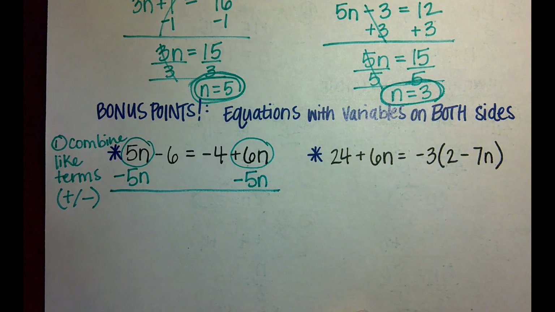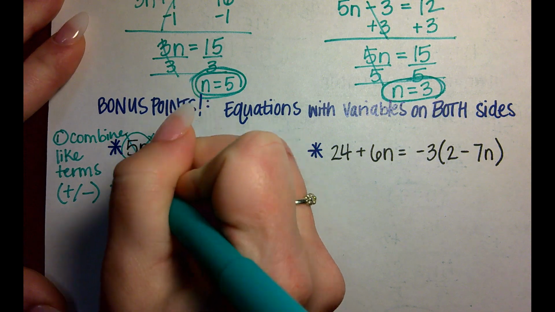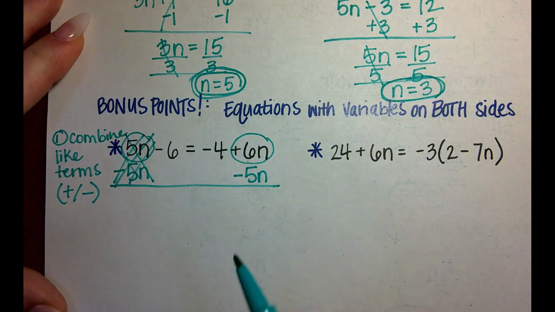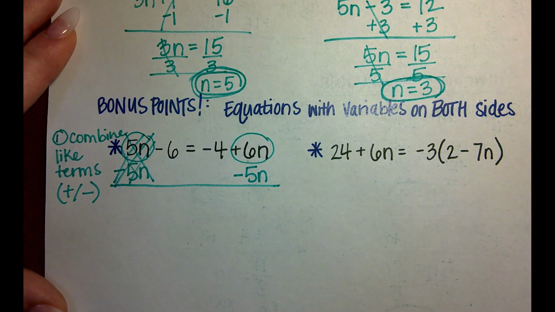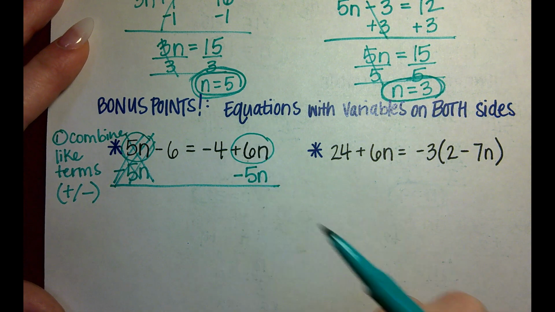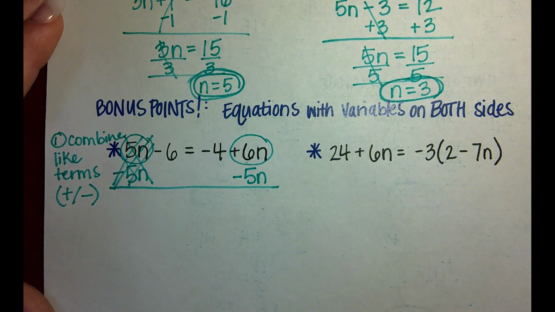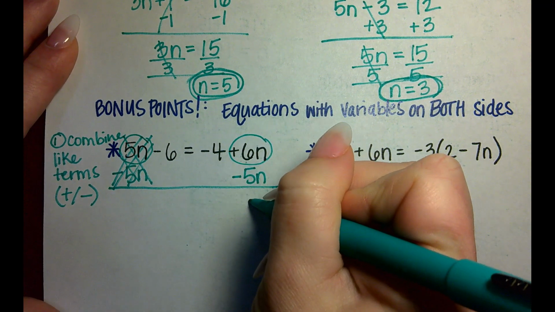So what happens next? Your 5n's cancel out. There's no more n over here. That is gone. Then what? 6n minus 5n equals 1n. Good. And if you have 1n, you can just write n.